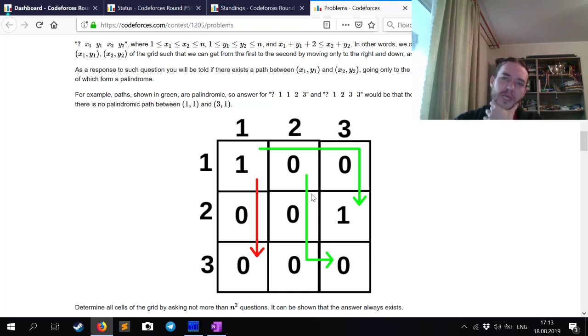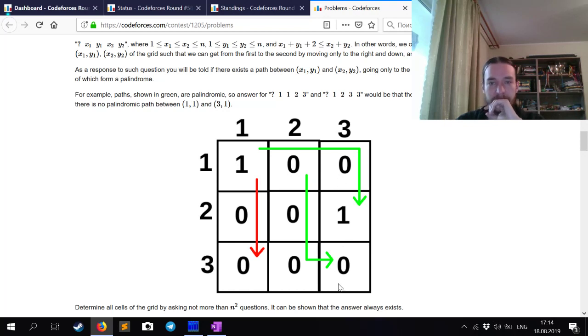Wait, but we can make a question about an even length palindrome now. So if we take, for example, these 2, if they're equal, and these 2 are equal, then we can ask and determine everything.